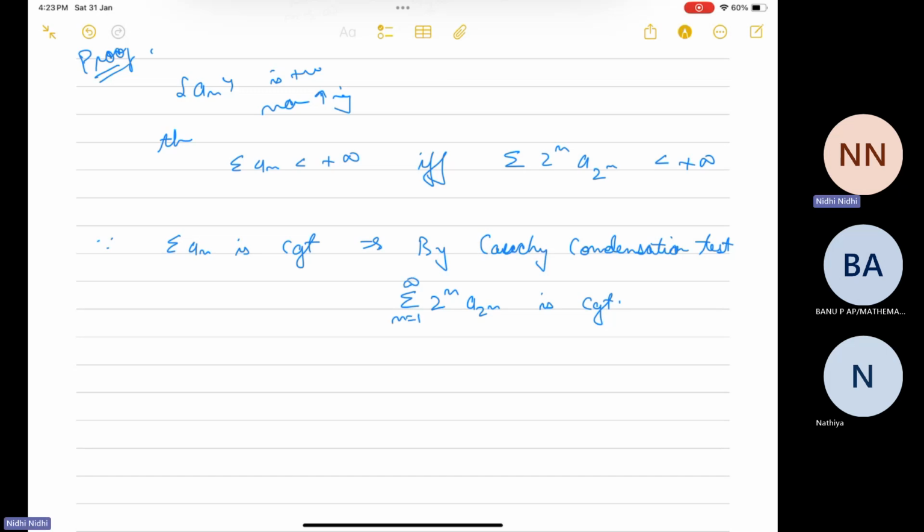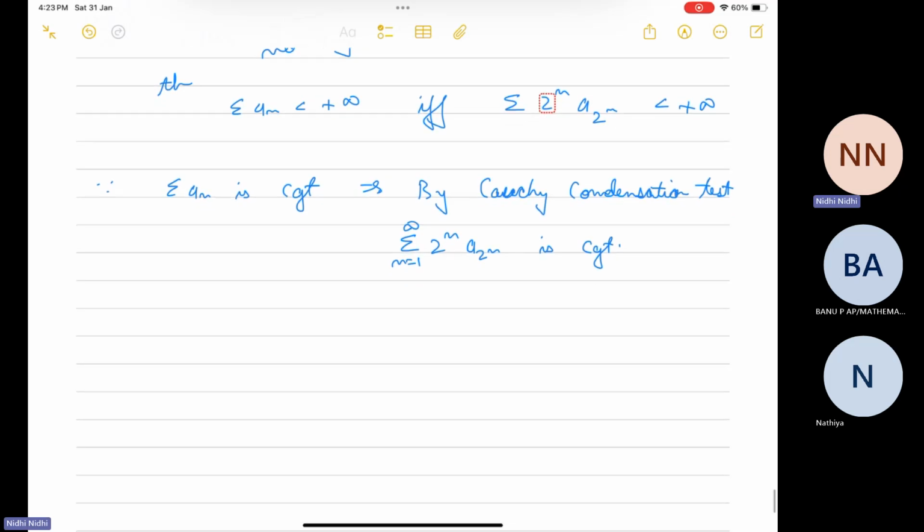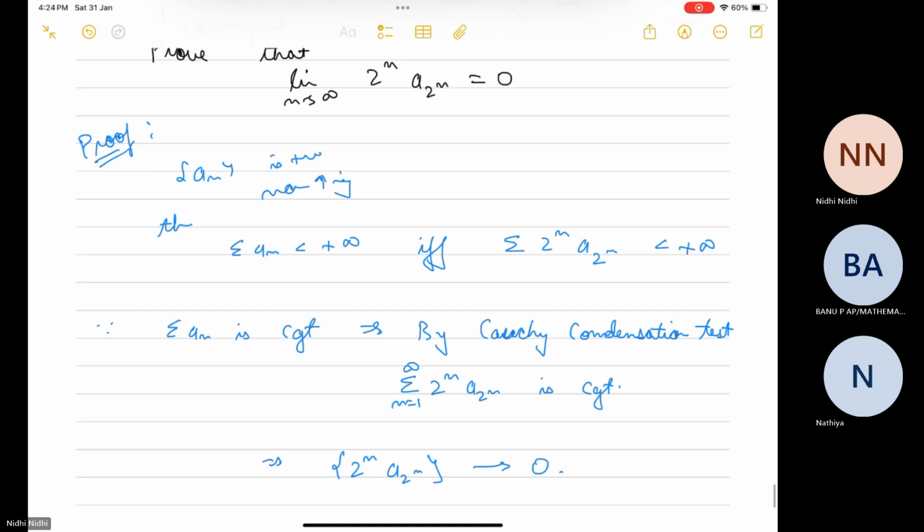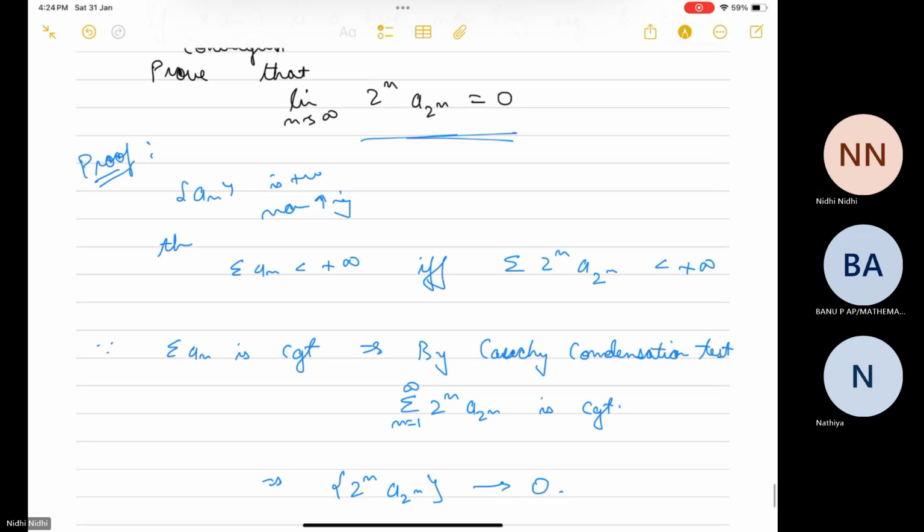Next, we also had a theorem that says that if a series is convergent, the sequence corresponding to that series converges to 0. That means this implies the sequence 2^n a_(2^n) converges to 0. That's what we need to show. I hope this is clear.